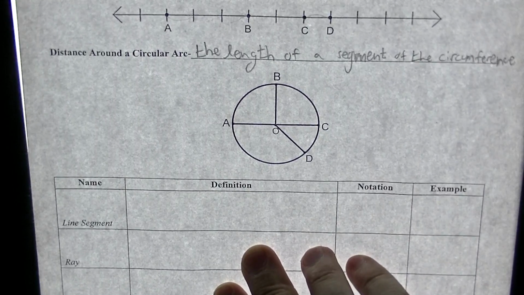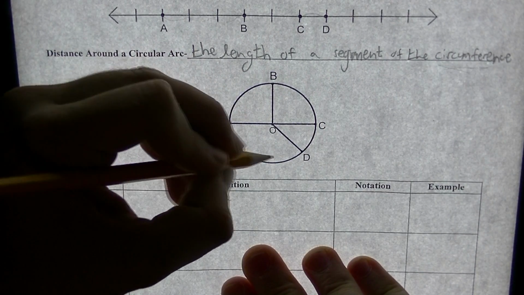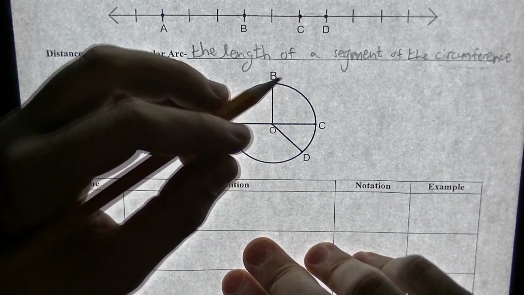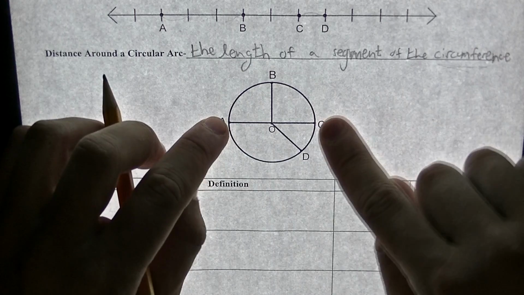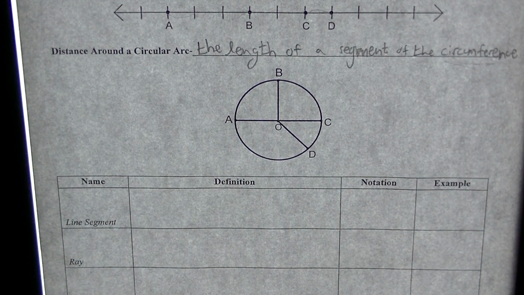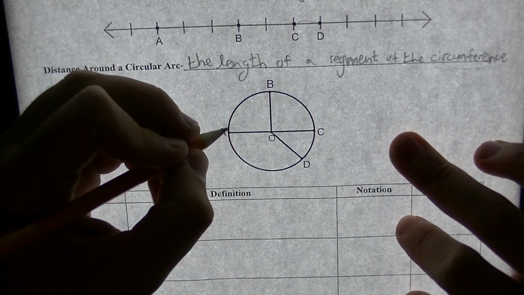The circumference of a circle, by the way, is just how far around the circle it is. It's not how many degrees, but it's like if I took this line and unfolded it to figure out how far it is. That's the length of my circumference. And a segment of my circumference would just be one part.